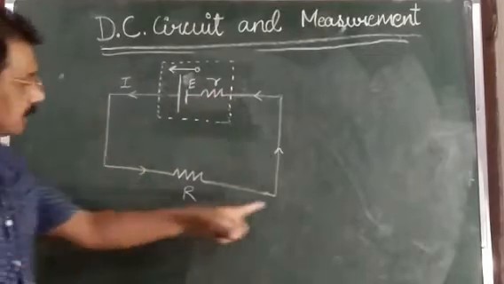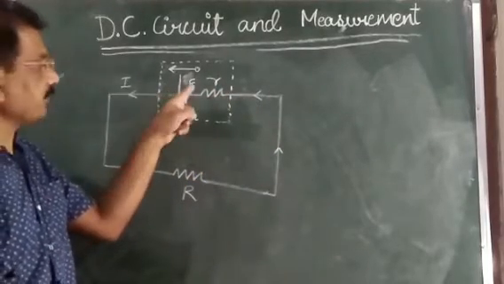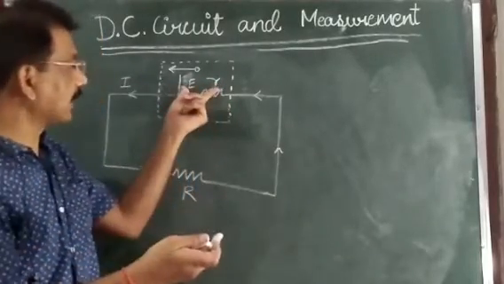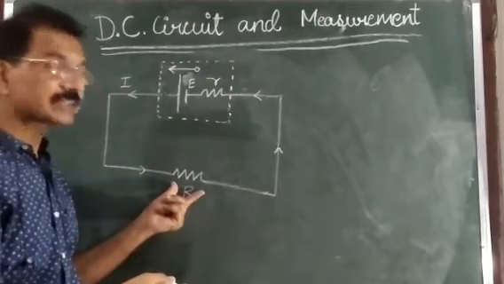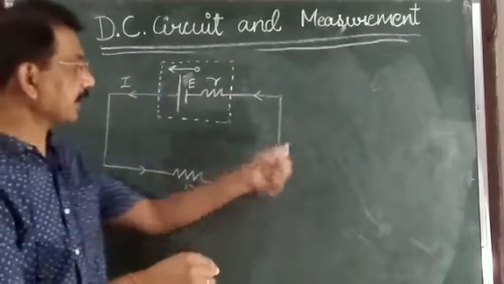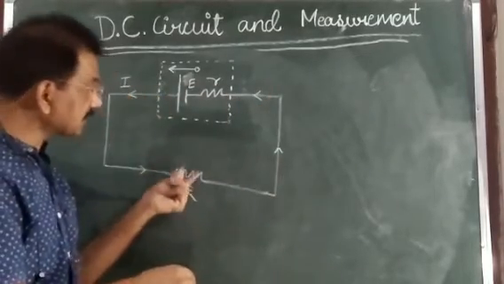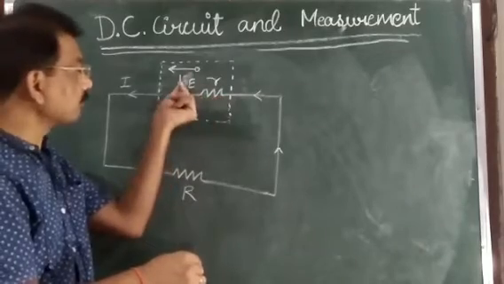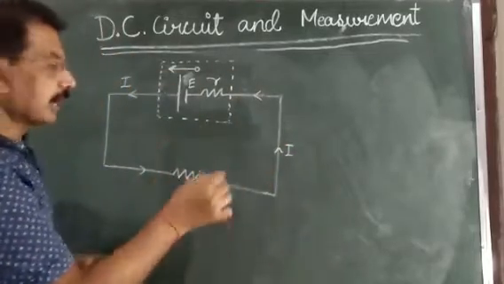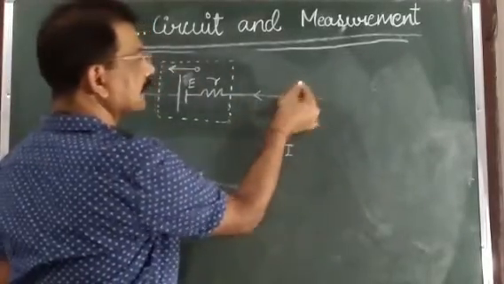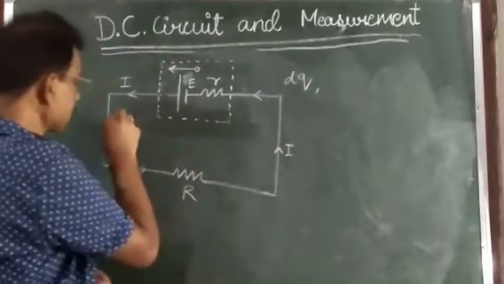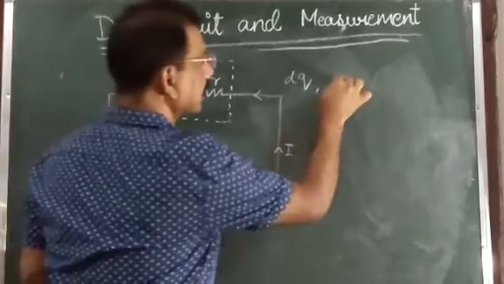Suppose in this circuit, this is a cell, E is the EMF of the cell, and small r is the internal resistance of the cell. And this R is called the external resistance. Suppose at any instant a current I is set up in this circuit. Then a charge dQ flows through any cross section of the circuit in time dt.